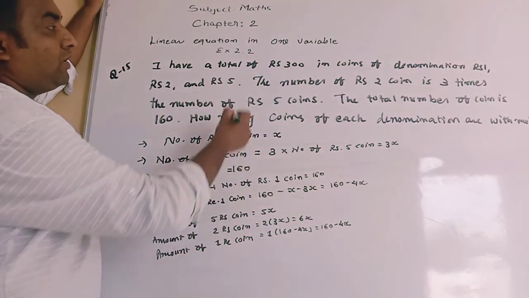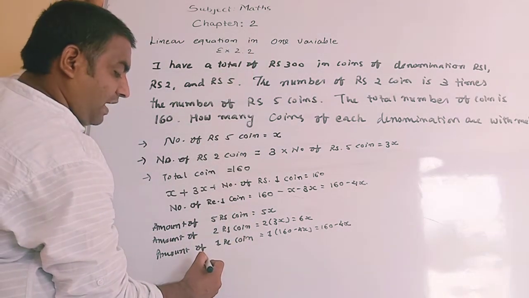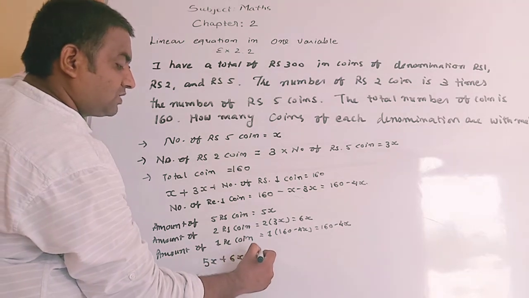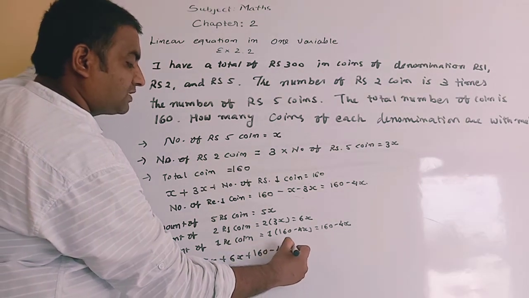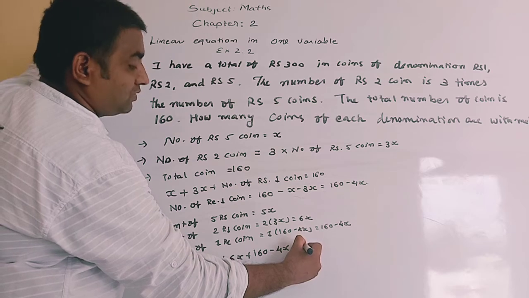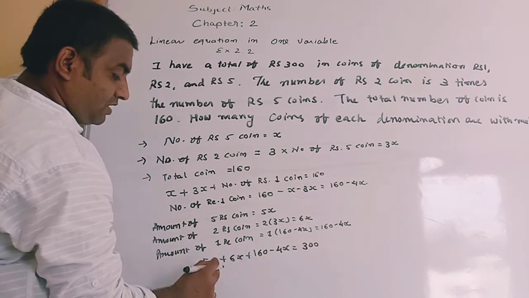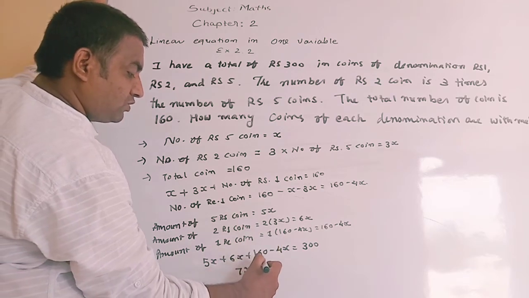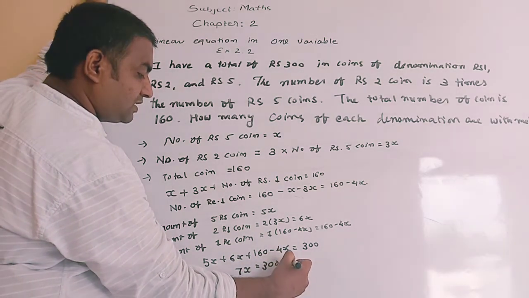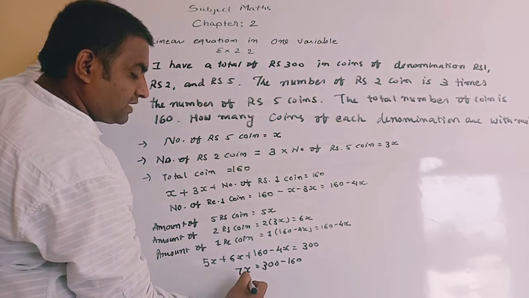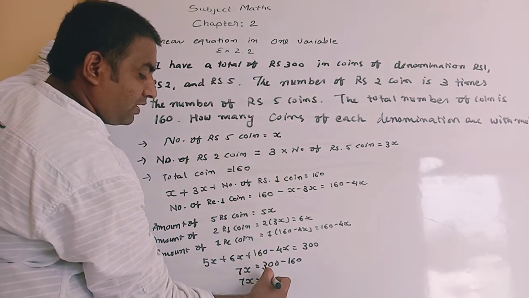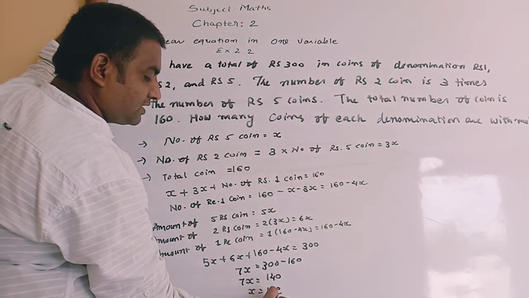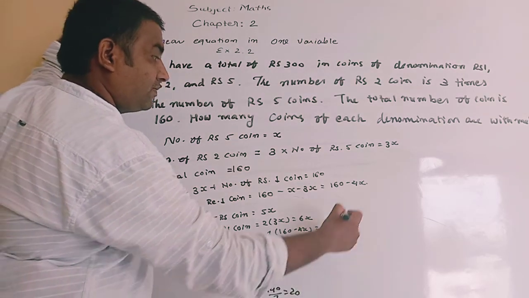So we add them: 5x plus 6x plus 160 minus 4x equals 300. So 5 plus 6 is 11, minus 4, 7x equals 300 minus 160. So 7x equals 140, so x equals 140 divided by 7, which is 20.